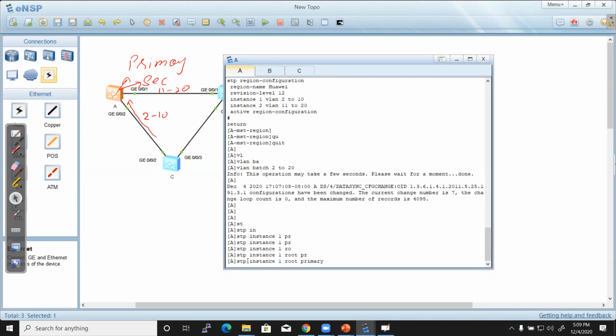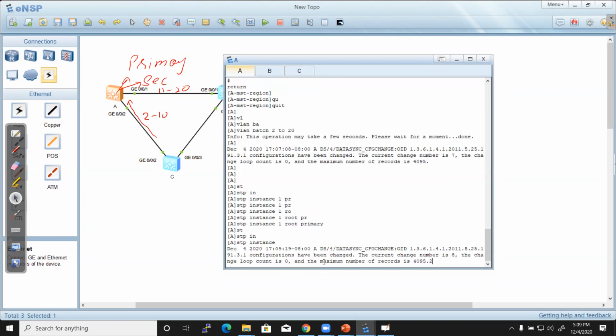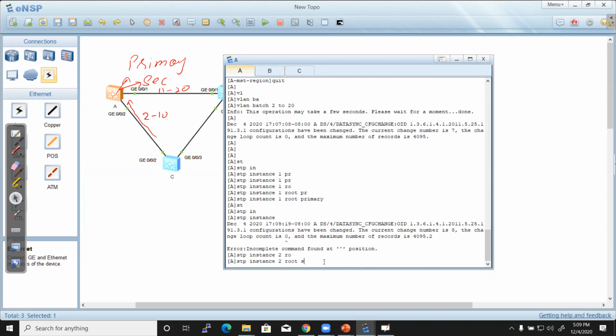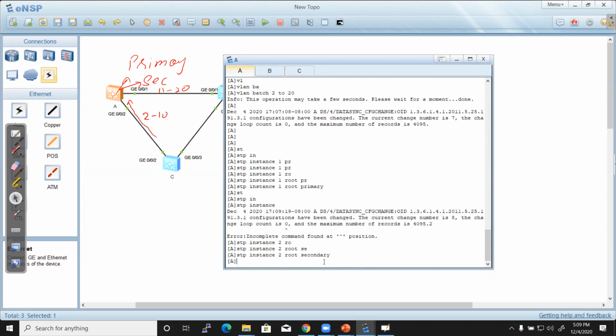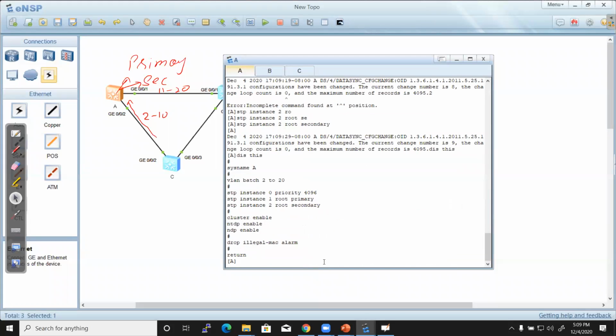So what I'm saying for instance 1, please be a root primary root bridge. And now I'm calling instance 2, and for instance 2, I'm requesting it to be a root secondary. And that's it. Only two commands. Which commands?